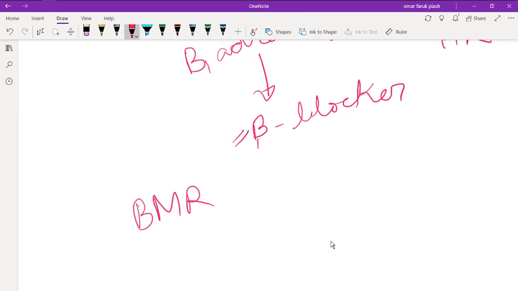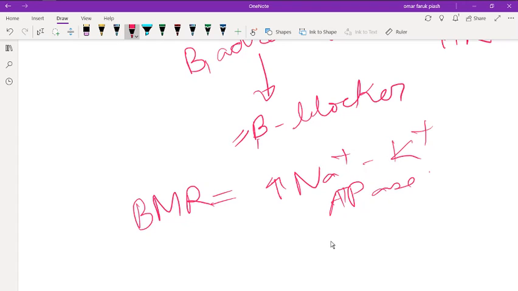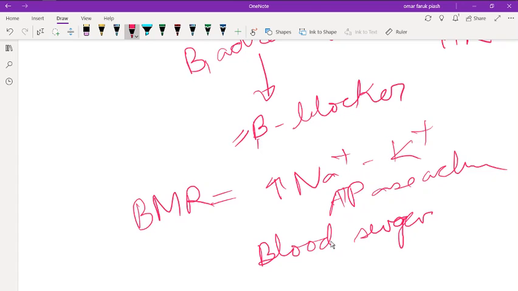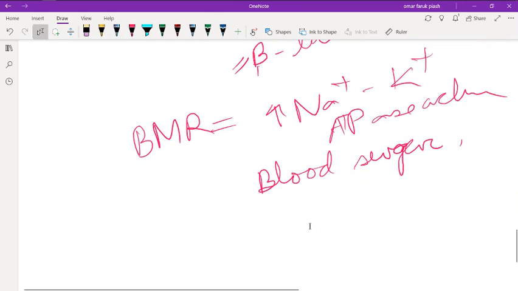It increases BMR, basal metabolic rate, via increasing sodium potassium ATPase activity. It increases blood sugar, that means it causes hyperglycemia. In which pathway does it cause hyperglycemia?